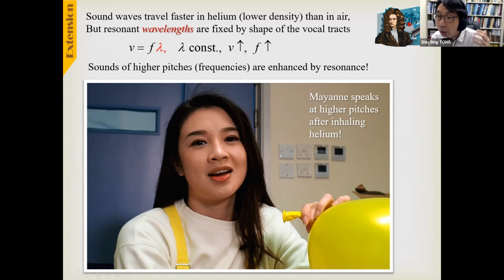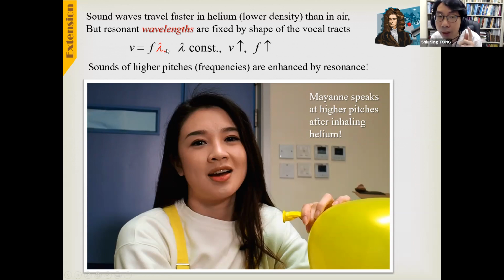But when she inhales some helium, in helium the density is less than air. So by the formula V equals the square root of B over rho, when the density is less, the wave speed becomes higher, right?